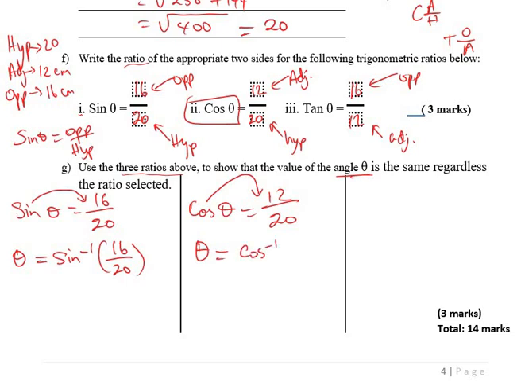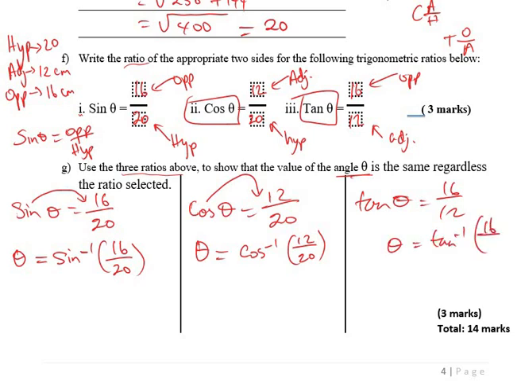Cosine becomes inverse on that side: cosine inverse of 12 over 20. For the tangent, it is 16 over 12, so theta equals tangent inverse of 16 over 12. Let's do the calculation.